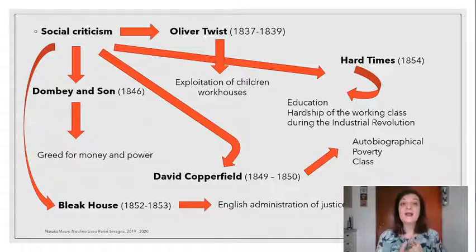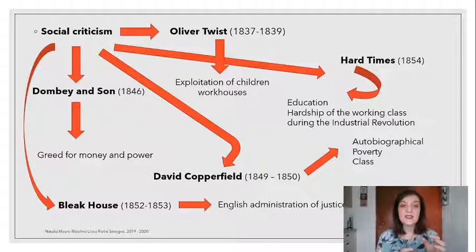Then, for example, another of the novels which expresses clearly this social criticism is Dombey and Son, which was published in 1846. What does this novel criticize? What aspect of British society does it criticize?